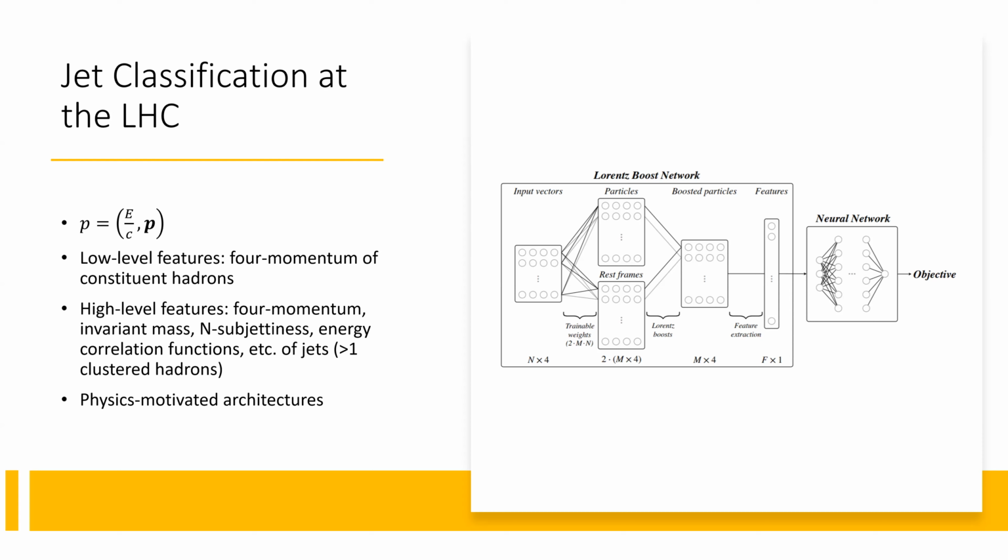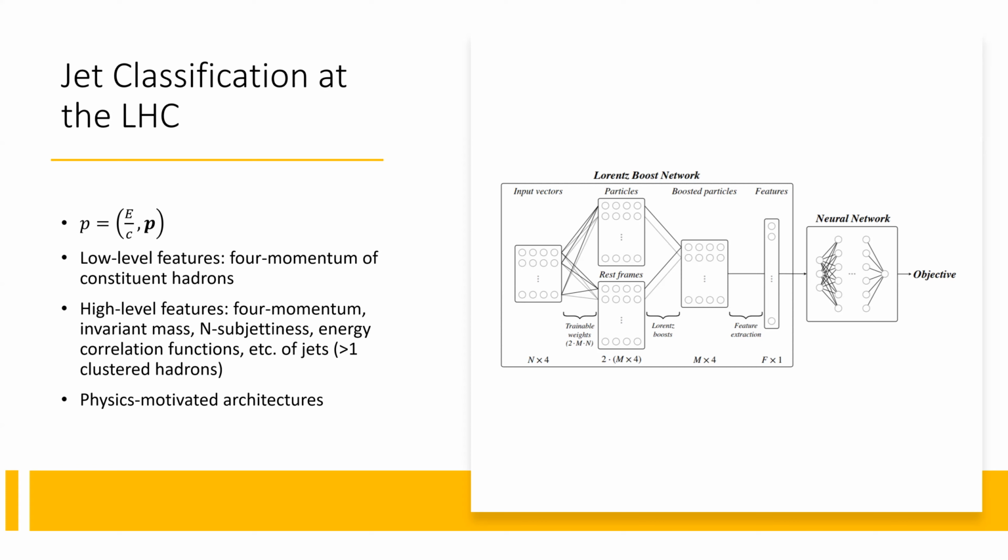Four-momentum is simply relativity lingo for its energy and its linear momentum. So we have a bunch of energies and linear momentums for the constituent particles of a jet. Using these, we can calculate some high-level features, where low-level features are the properties of the individual particles.